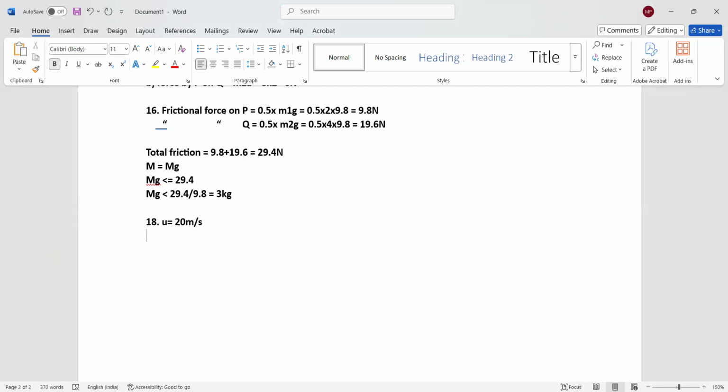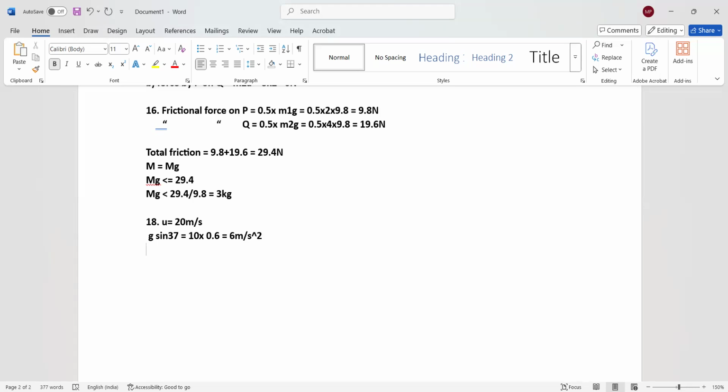Acceleration due to gravity along the incline, that is g sine 37, is equal to 10 into 0.6, which is equal to 6 meter per second square.